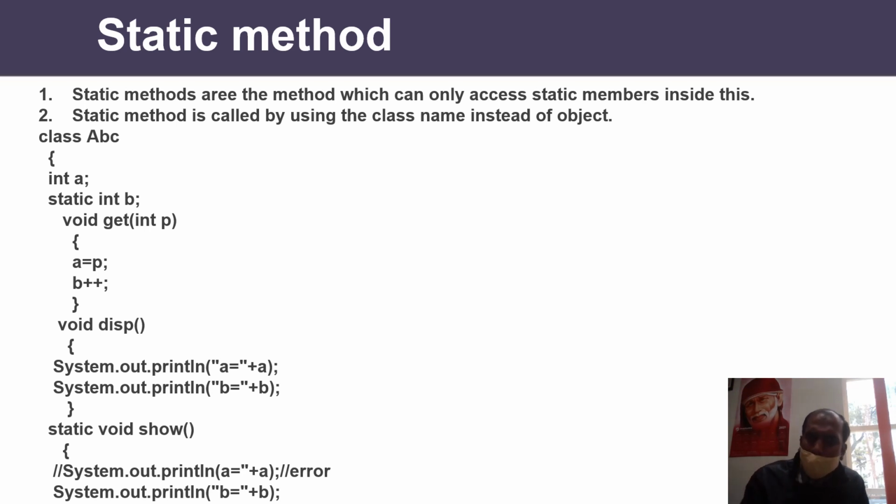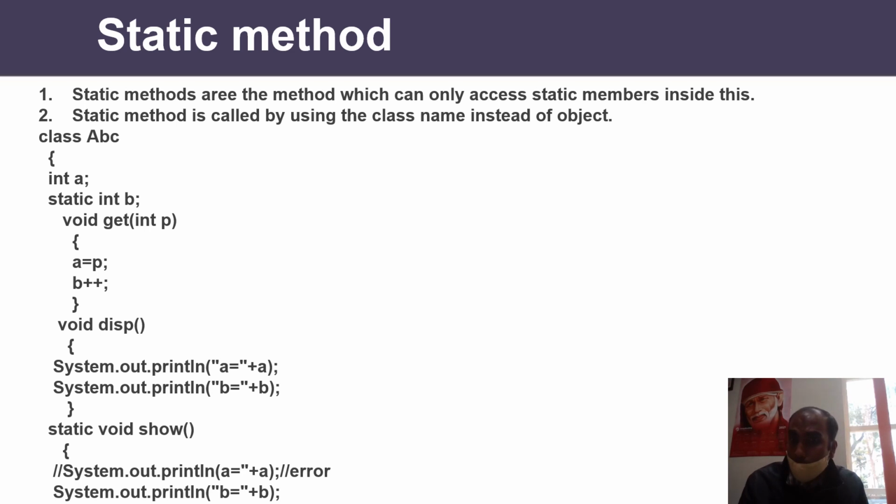In the previous example, I created a static method void show, and you can see here I am displaying A. That will give an error, the same error I discussed in the last class: you are accessing a non-static variable in a static reference. If you remember, all things will be clear, because main was static and you were accessing ABC inside main, and ABC was non-static.